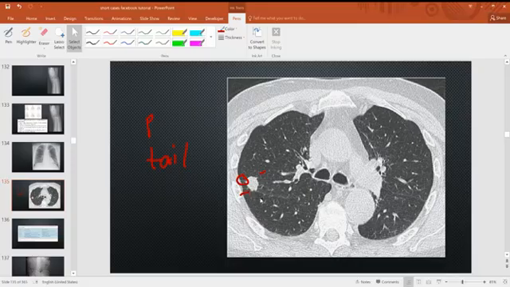Calcification is more with benign: either diffuse calcification as in granuloma, or in hamartoma popcorn calcification or bullseye calcification. As I said and you said, this is a spiculated nodule with pleural tail, consistent with malignancy, and biopsy proved it is a malignant nodule.